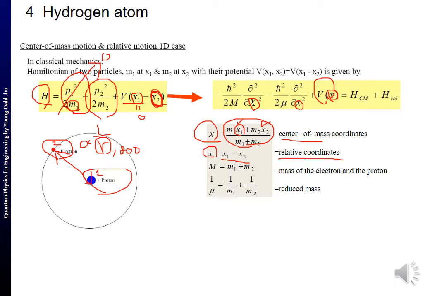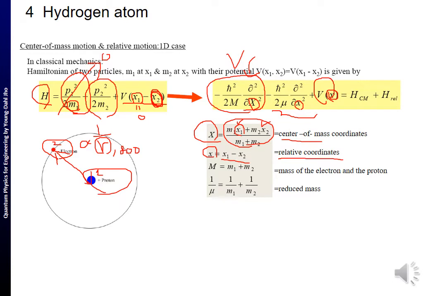If we look at the structure, this one is the kinetic energy part in the center of mass coordinate. This will include both kinetic energy and potential energy. Then you will have confinement energy. This is similar to our free particle problem.